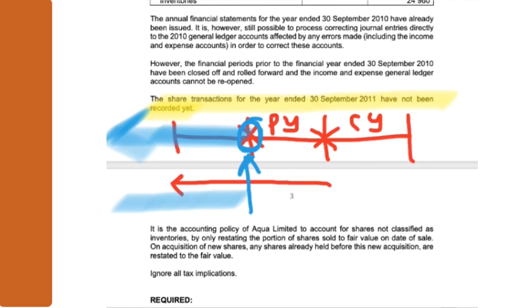So if it goes back 3, 4, 5, 10, 20 years, you have to do all of them together. What is the effect of correcting that error or the effect of changing that accounting policy, the effect on my opening balance of my comparative year? Because that opening balance, I will see. Where will I see it? Well, I will see it in that third column in my statement of financial position.